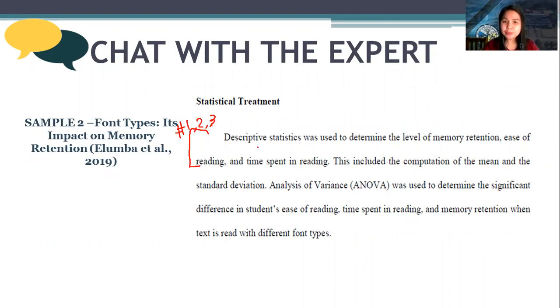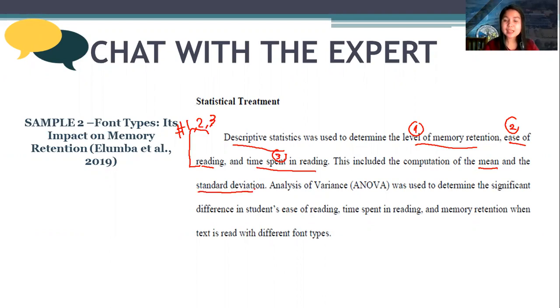They will use descriptive statistics to check the level of memory retention, the ease of reading, and the time spent in reading. Yes, question 1, question 2, and question 3. They say they should include the mean and the standard deviation.